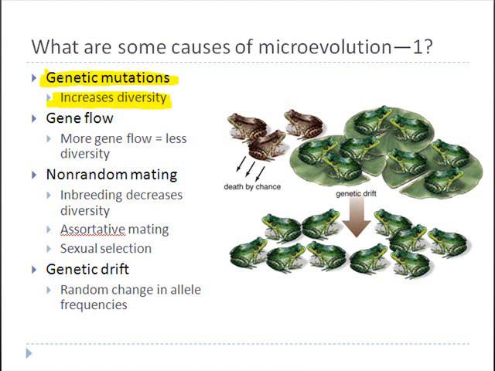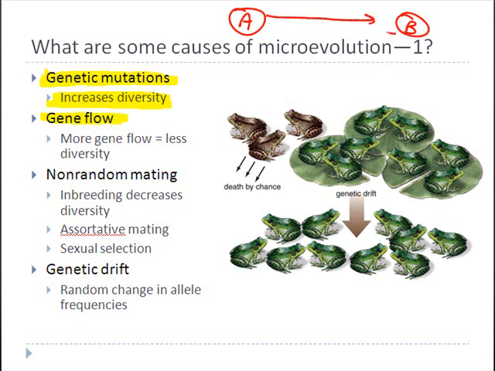Another way in which we can have microevolution occur is through lack of gene flow. If we have two populations, here's one population here and another population here, and there is no movement of individuals between those two populations, let's say there's no migration, then population A and population B, over time, it's predicted, will become two separate species just because of lack of exchange of genes between the two areas.